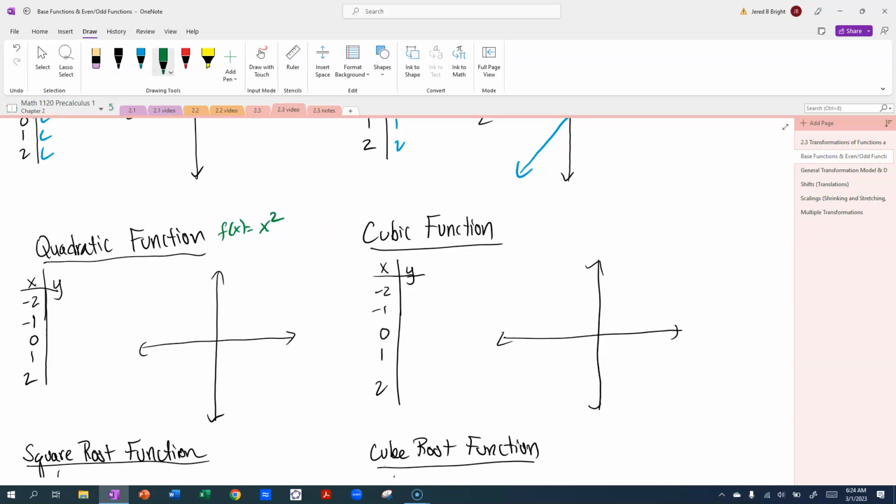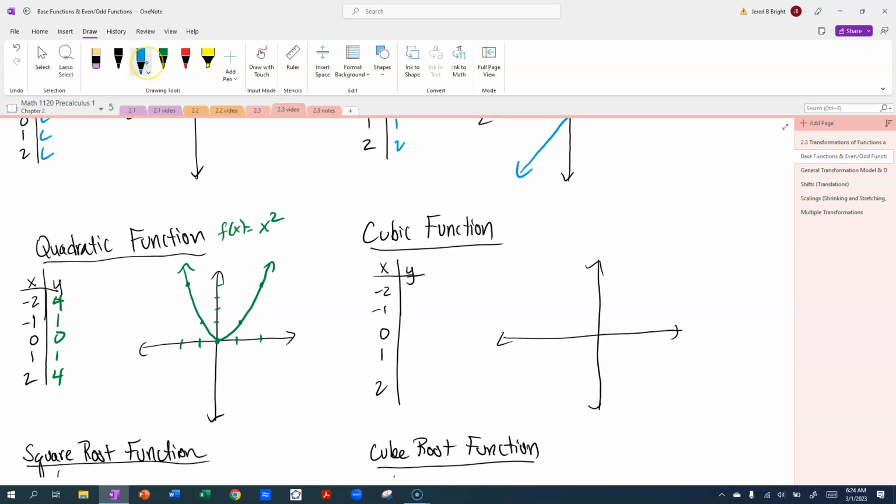Well, if I put in x and square it, it would be 0, 1, and 4. -1 would square to 1, again, -1 times -1. -2 times itself would be 4. Just plotting some points quickly, 2, 4, -2, 4, we get something that looks like this. This shape is called a parabola.